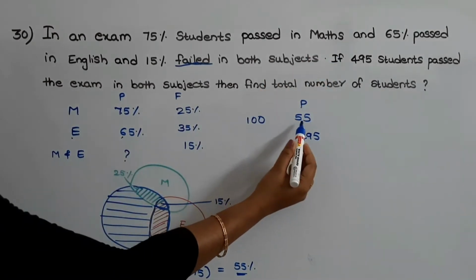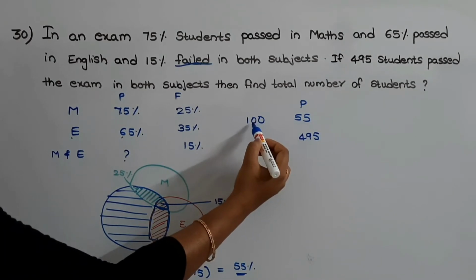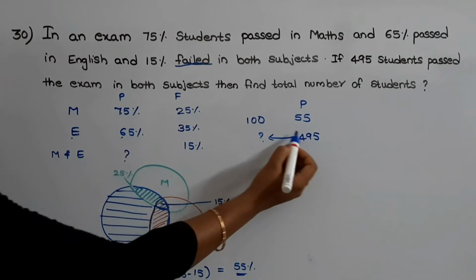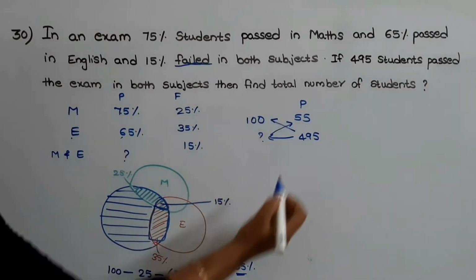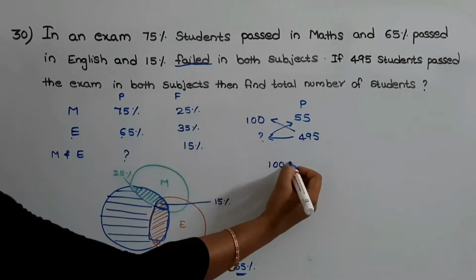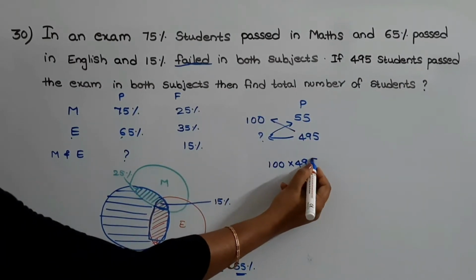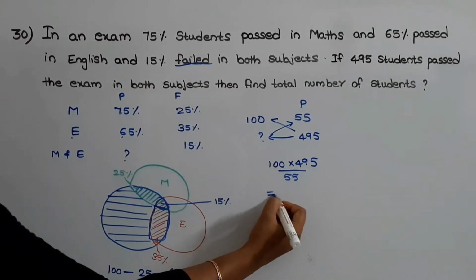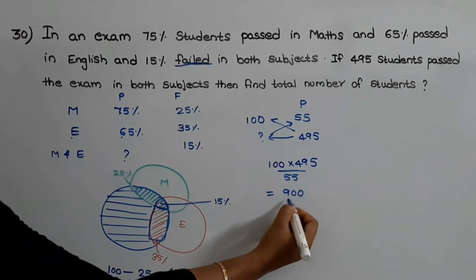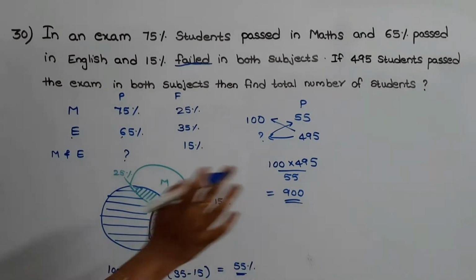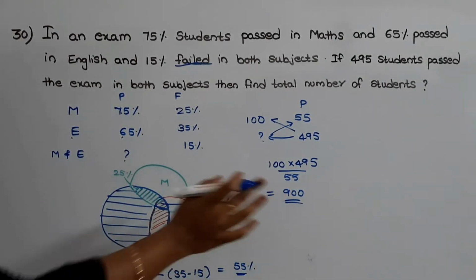So for 55, if the total is 100, for 495 what is the value? This we can find out by cross multiplying. So this will be equal to 100 into 495 divided by 55. On solving this, you will get 900. So the total number of students who appeared the exam is 900. So this is the answer.